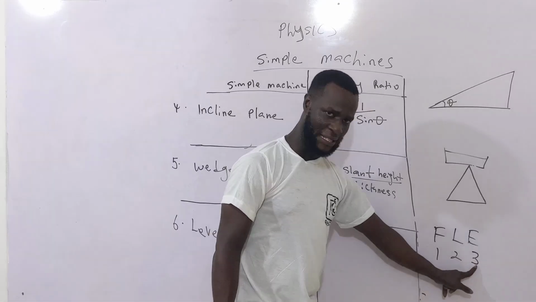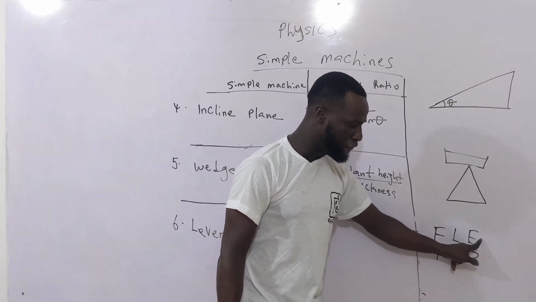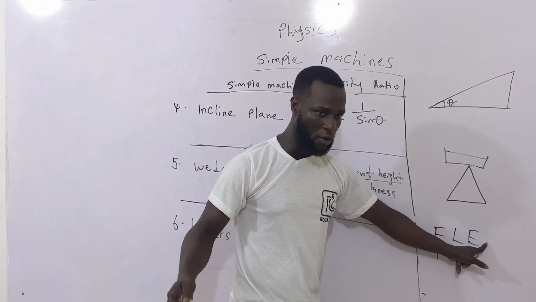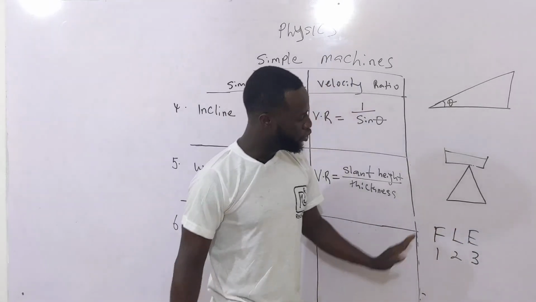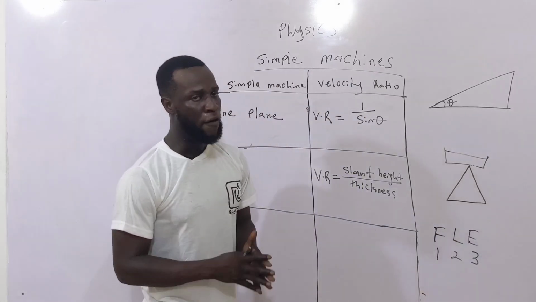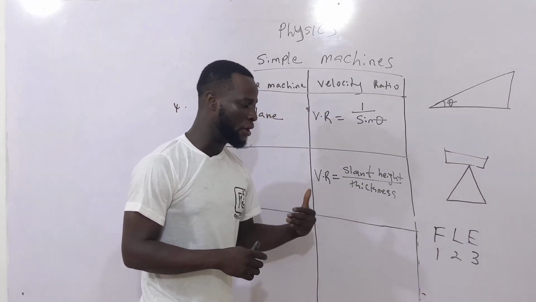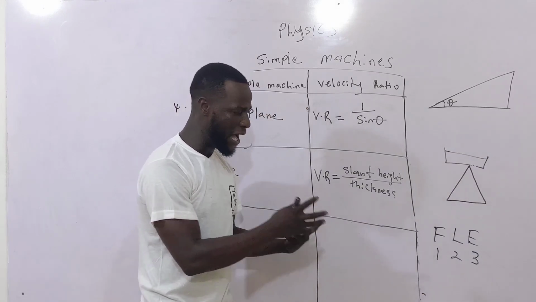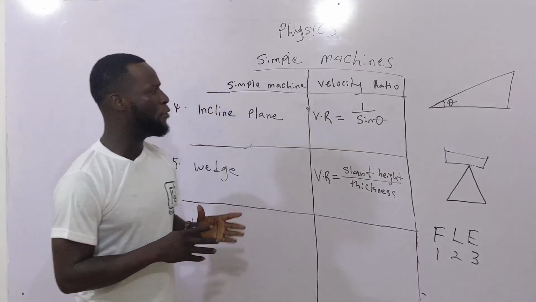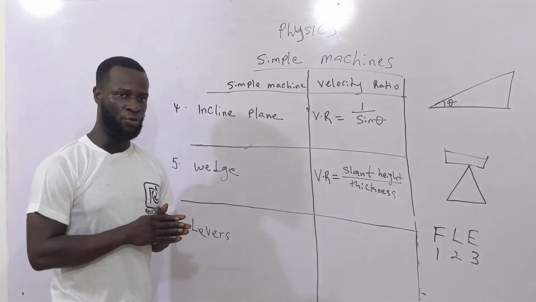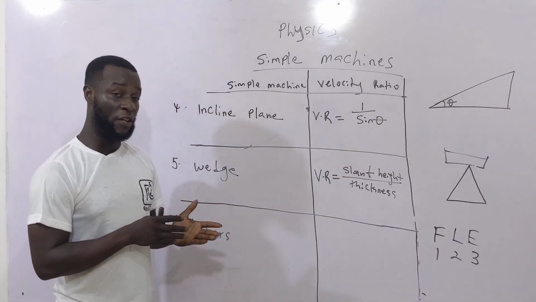For your third class lever, the effort is at the middle, and what are at the ends? We have the load and the fulcrum. So with this, it's much easier for you to know the orders of your lever and which are at the various positions. Now that we have looked at all of these, the next thing we have to do is to take questions using the velocity ratio.